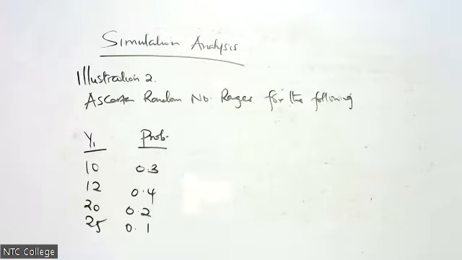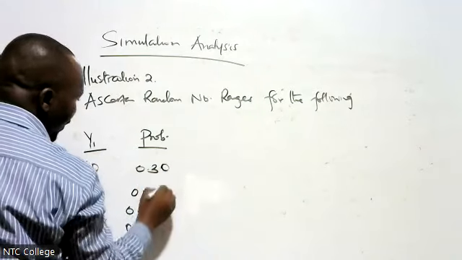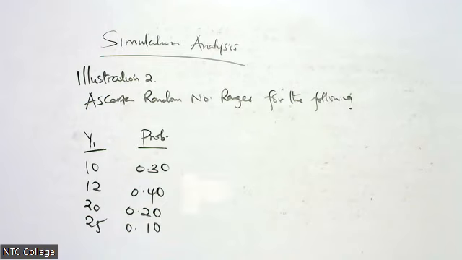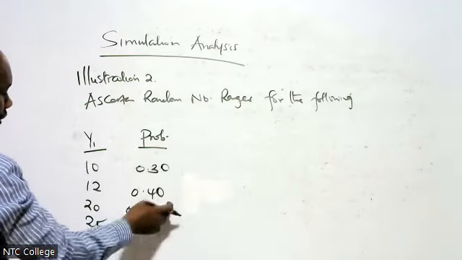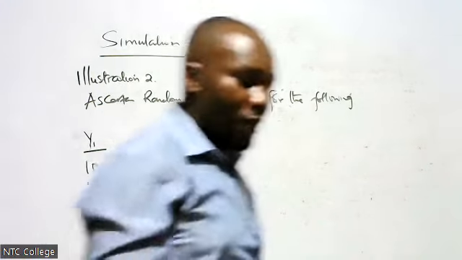How will you handle this? Let me have this one at 30. So we have 30, 40, 20, 10. Get me the random number ranges.